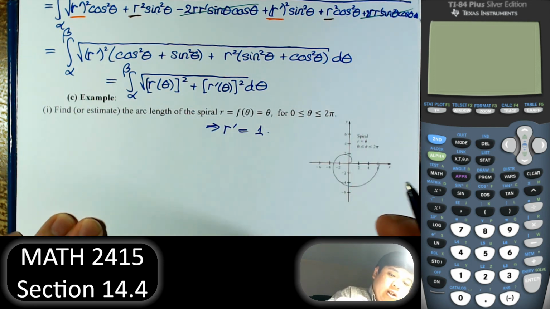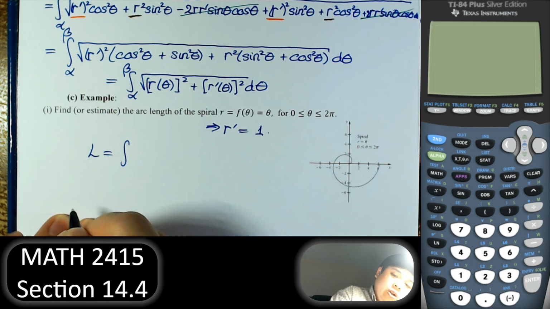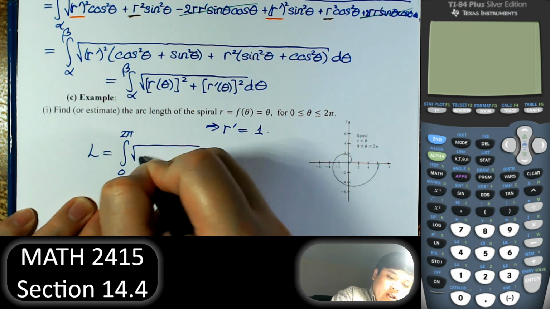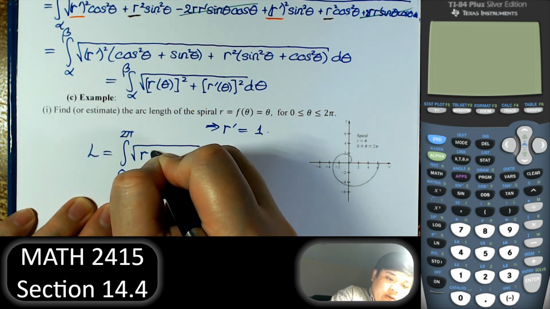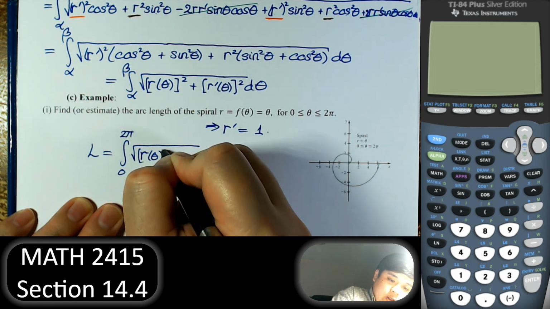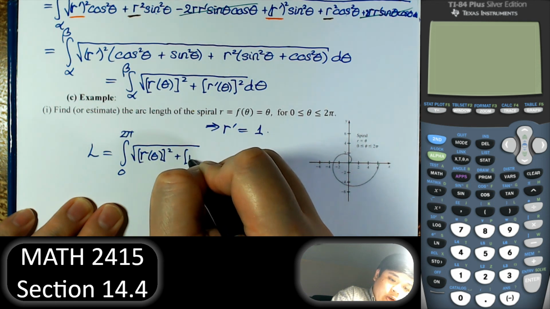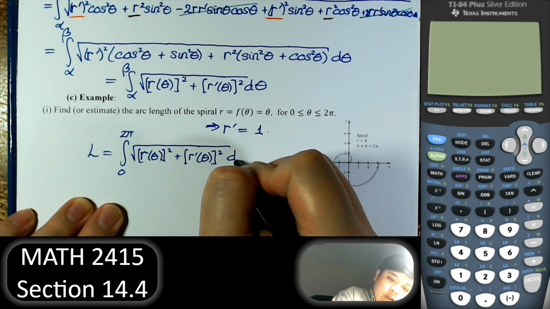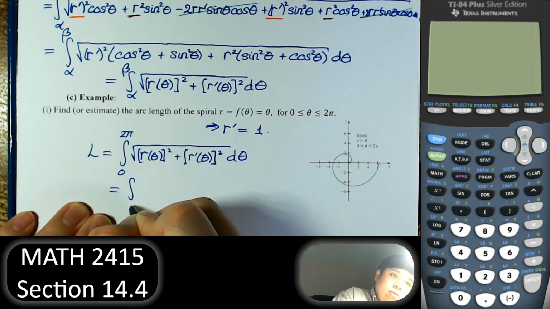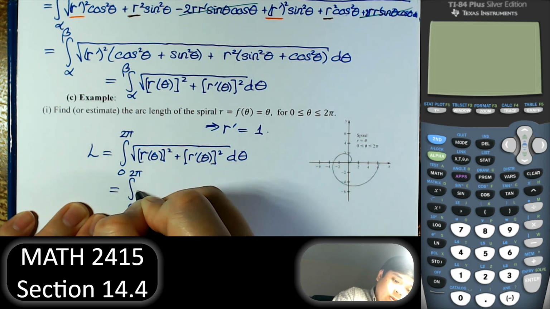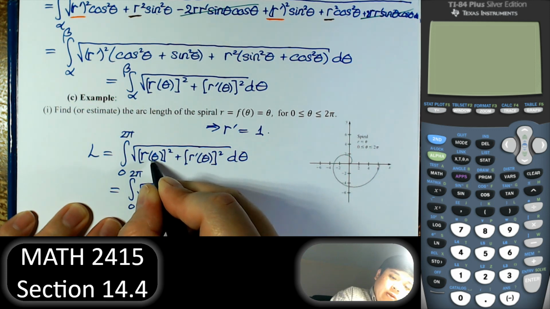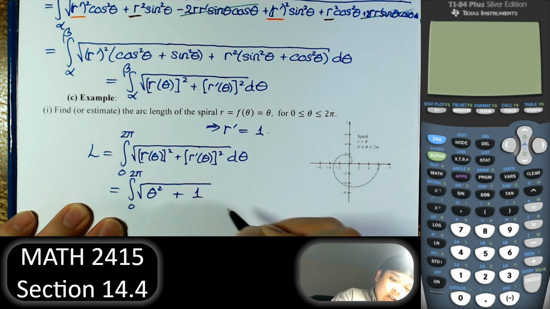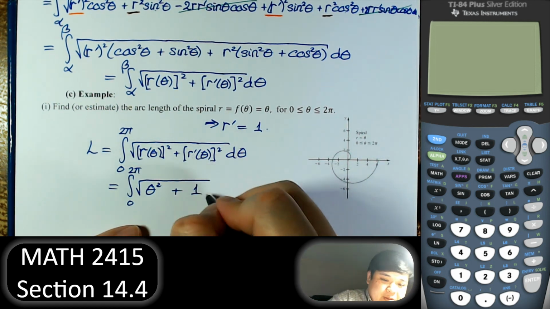So the problem becomes the arc length is equal to the integral from 0 to 2 pi of the square root of the function squared plus the derivative squared. The function is theta squared, the derivative is 1, squared still 1, right?